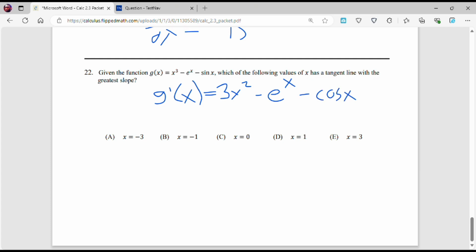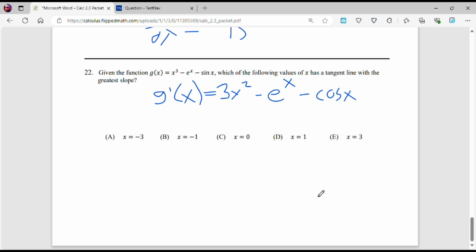So when we solve for this, actually, you guys probably don't know the derivative yet up to this point, unless you already took AB. But this is the derivative of g of x.